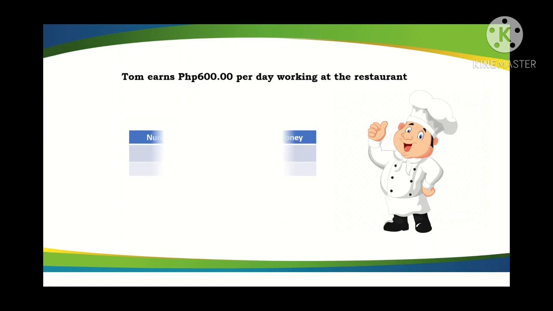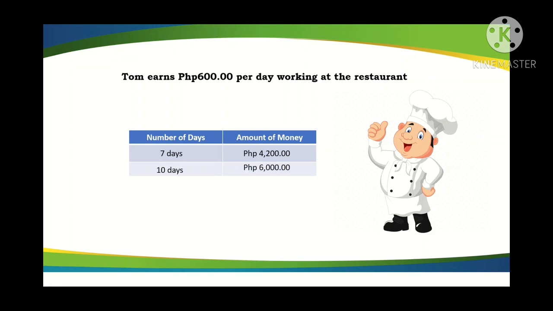Let us understand more about the dependent and independent variables with this situation. Tom earns 600 pesos per day working at the restaurant. If he works 7 days, he will earn 4,200 pesos. And if he works 10 days, he will earn 6,000 pesos. The number of days of Tom's work and the amount of money Tom makes are related.